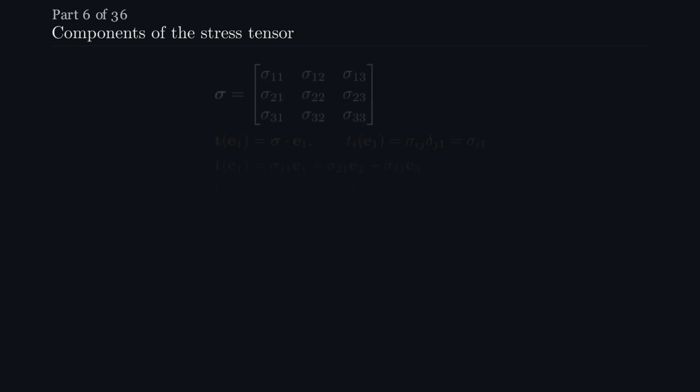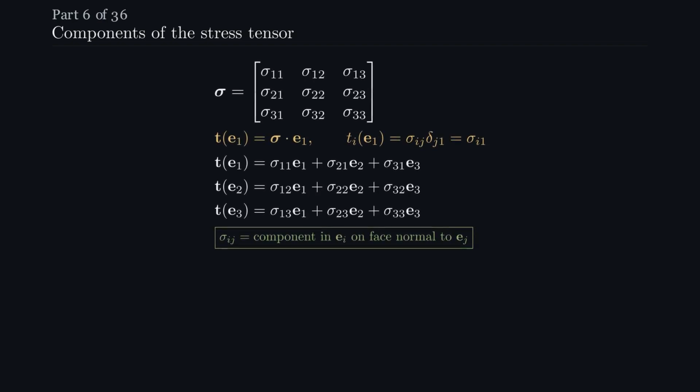The stress components are most clearly understood through traction on coordinate planes. For the face whose normal is E1, the traction is the first column of the stress matrix. With this convention, the second index gives the face normal direction, and the first index gives the traction component direction.